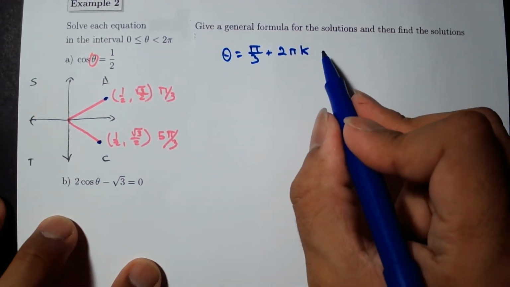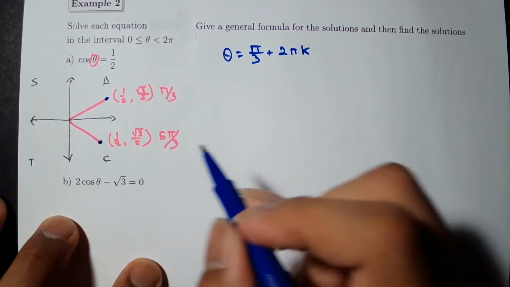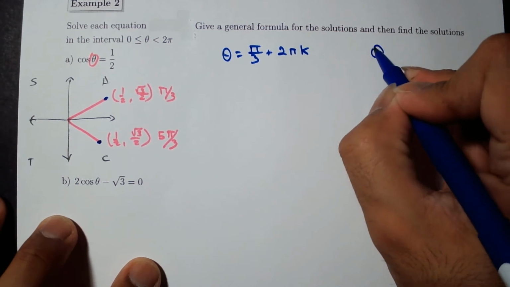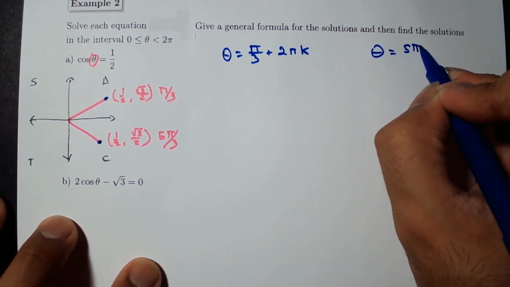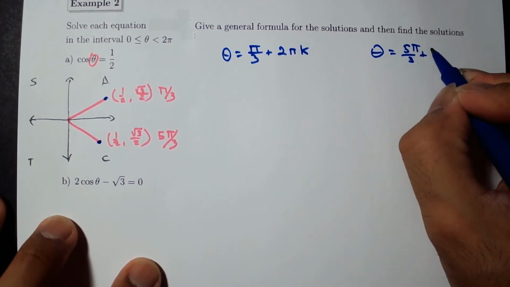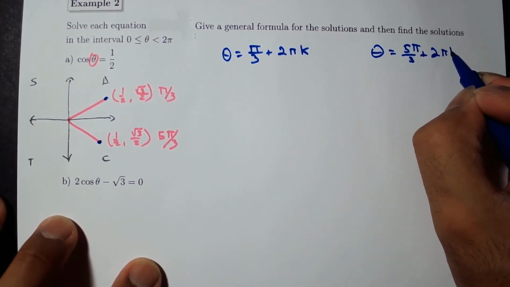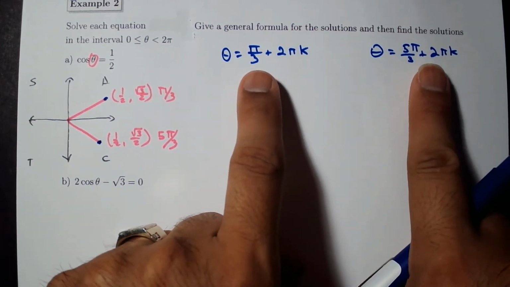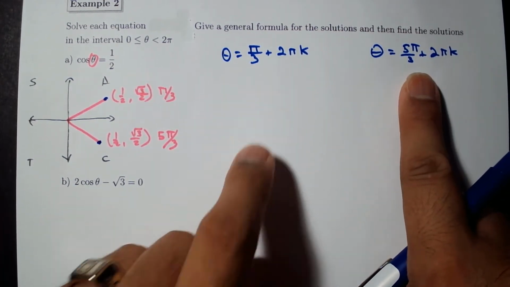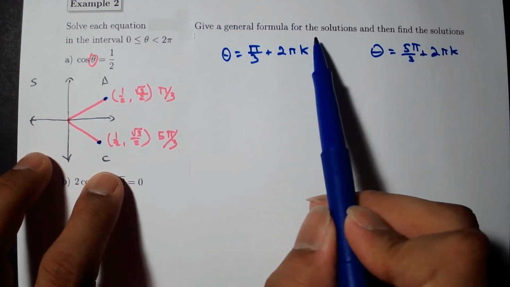This k represents the multiples of 2 pi. And on the other hand, theta equals 5 pi over 3 plus 2 pi k. So these are going to be our general solutions, the general formula for the solutions.